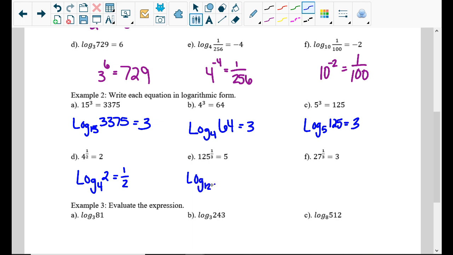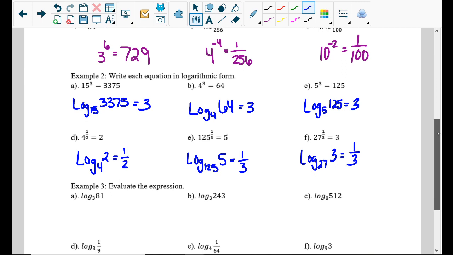Log base 125 of 5 equals 1/3. And log base 27 of 3 equals 1/3. So that's just the rewriting portion here.